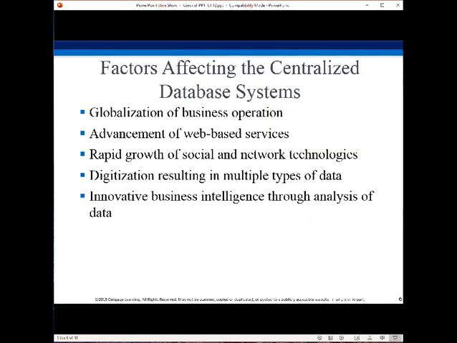So NoSQL databases arose because of the limitations inherent in the ACID properties of relational databases. With the advent of e-commerce, the number of concurrent users for database systems climbed from tens of thousands to millions.